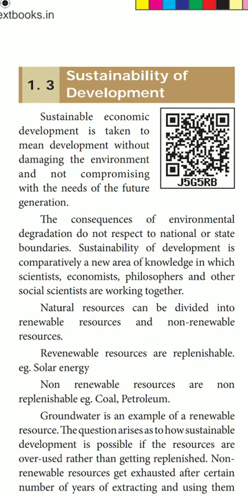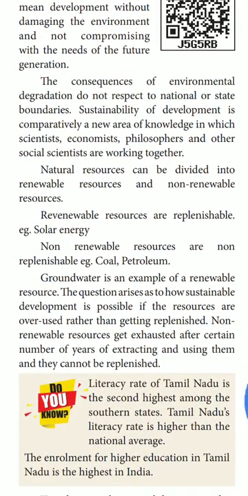Next, groundwater is an example of a renewable resource. So which is the best example for renewable resources? Groundwater. The question arises as to how sustainable development is possible if the resources are overused rather than getting replenished. Non-renewable resources get exhausted after a certain number of years of extracting and using them, and they cannot be replenished.